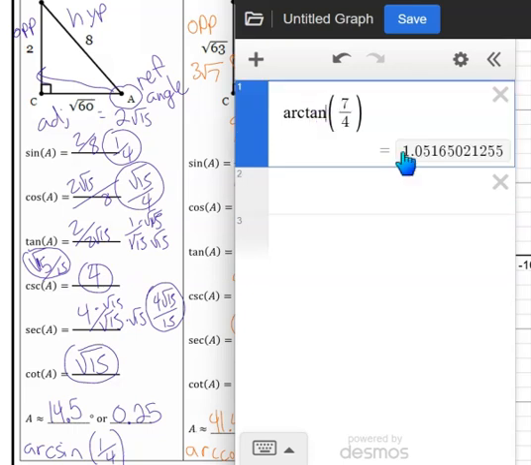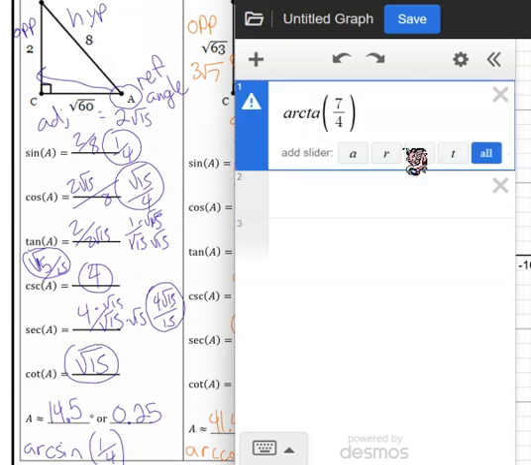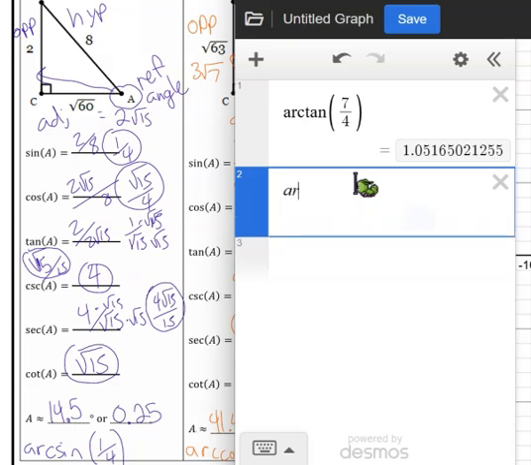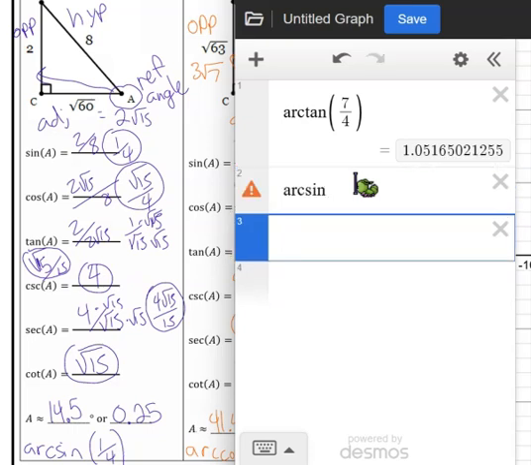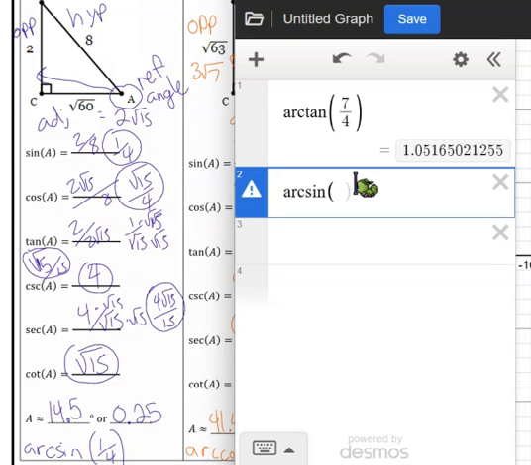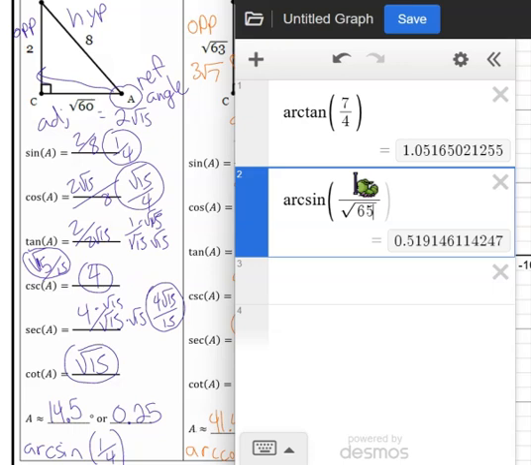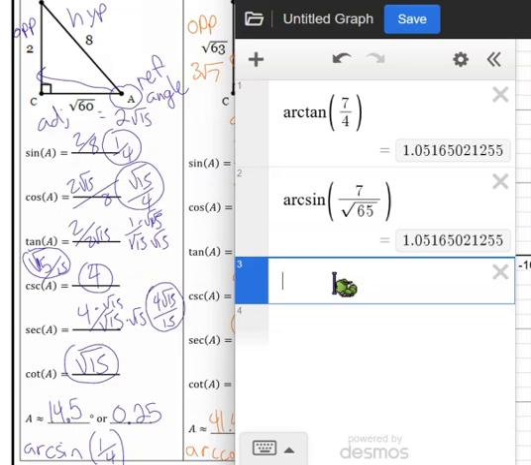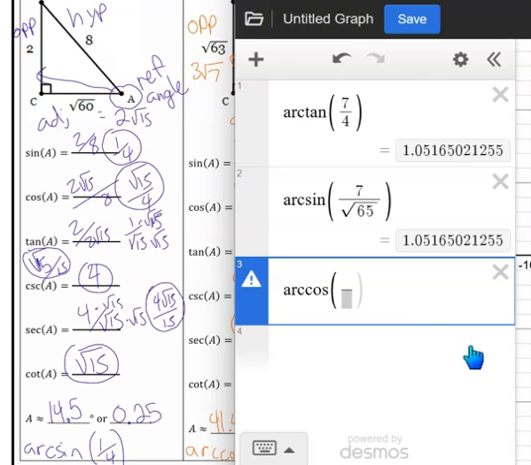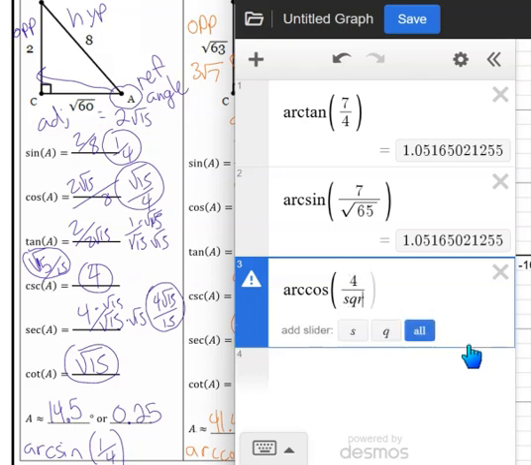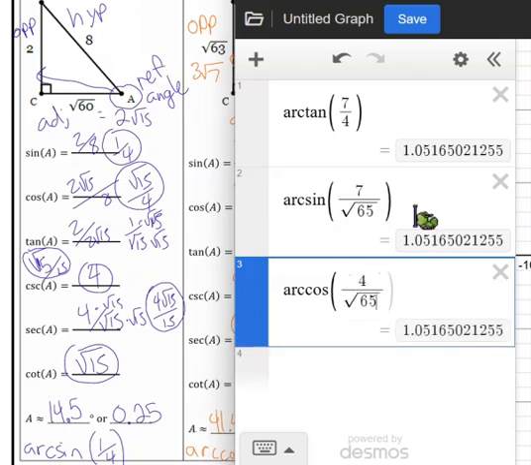So if we did arc sine, we would have to use the other values. 7 over square root of 65, and then if we wanted to do cosine, it would be 4 over square root of 65. Notice they give you the same answer for all of those trig expressions.